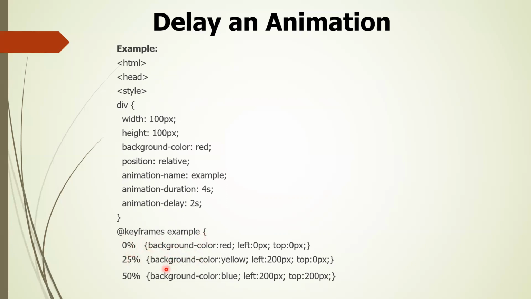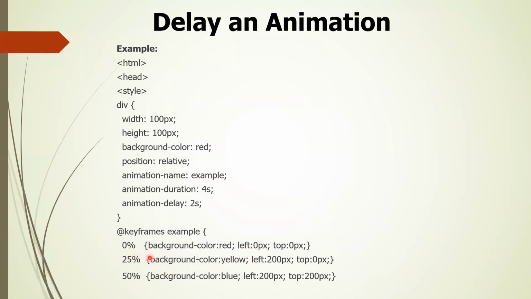Totally 4 seconds will be divided into 0%, 25%, 50%, 75%, and 100%. At 0%, the box color will be red. The box will be at the position of 0 pixels from the left side and 0 pixels from the top of the screen. So it will be at the top of the screen.